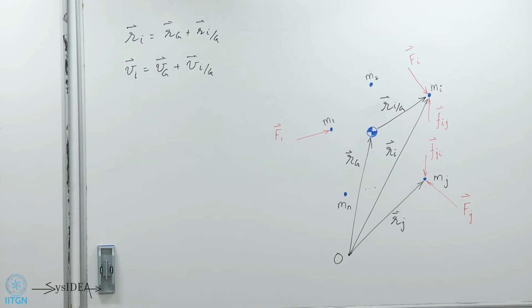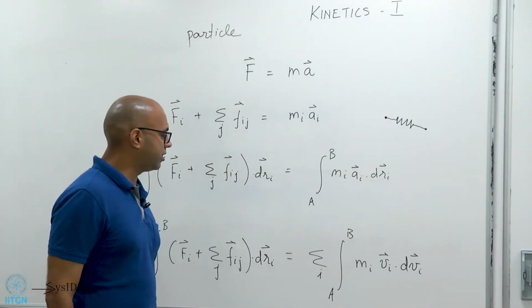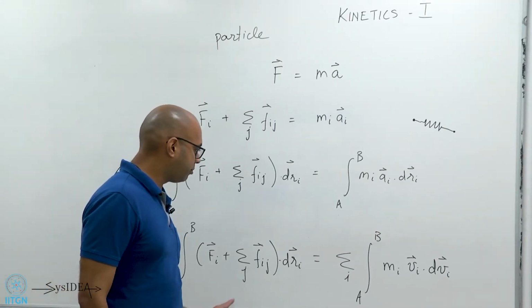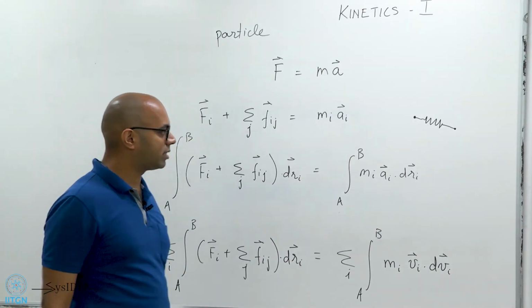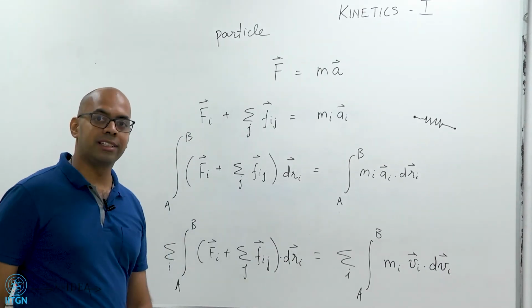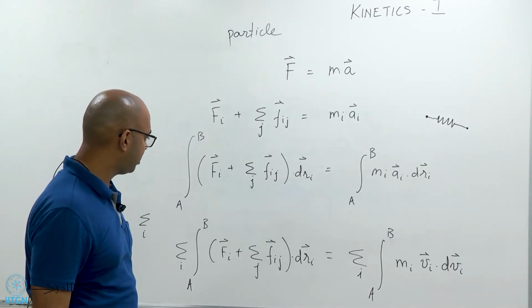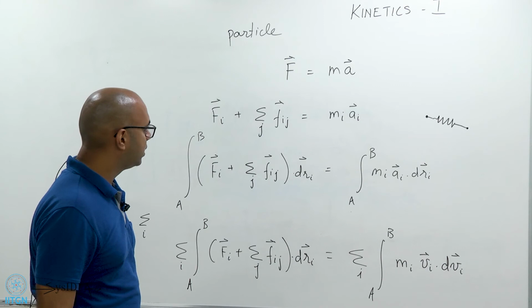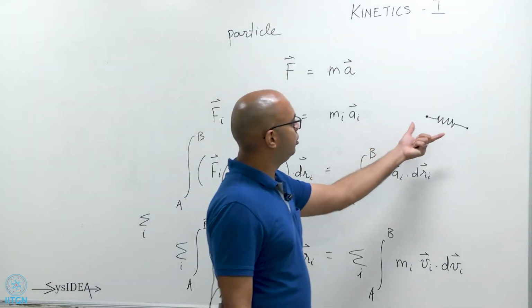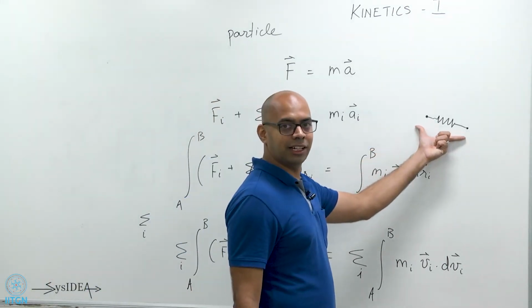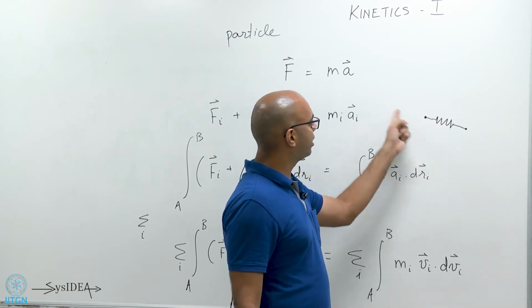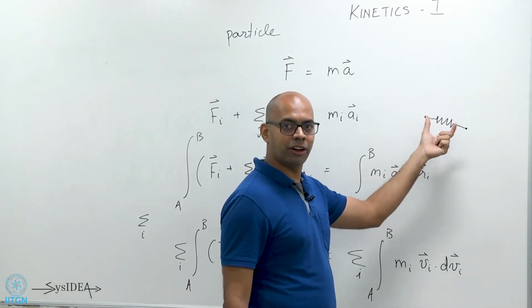So let's move on beyond systems of particles. What is even more interesting, a system of particles for work energy has a few terms, but let's talk about rigid bodies. Now in rigid bodies, something special happens. In rigid bodies, you can no longer have this kind of situation where two particles are moving away from each other or closer to each other.